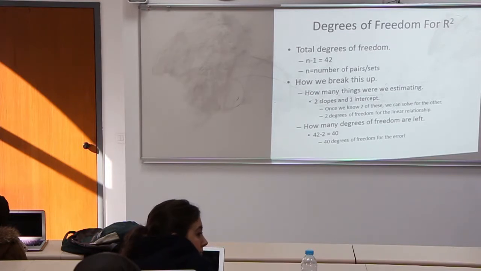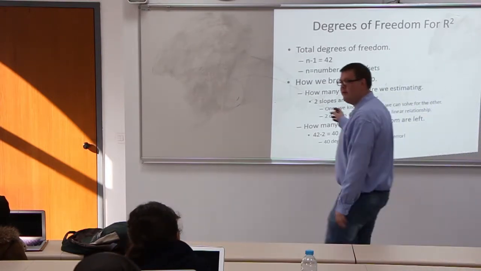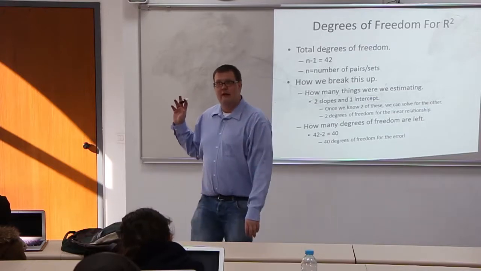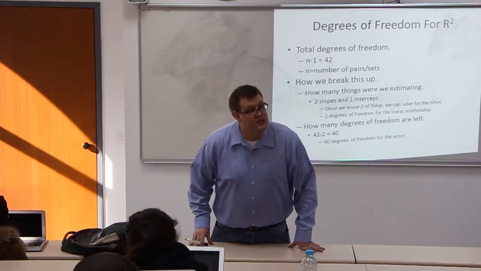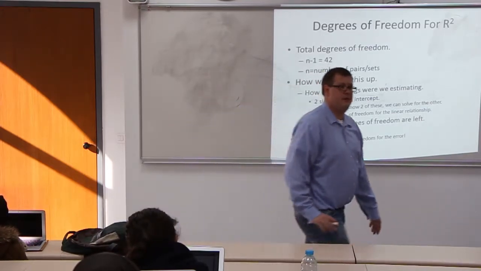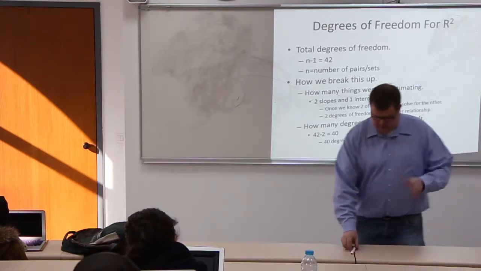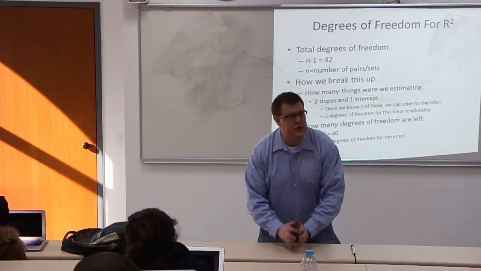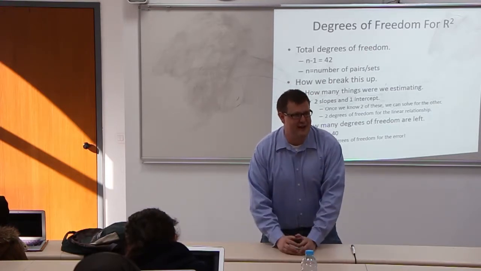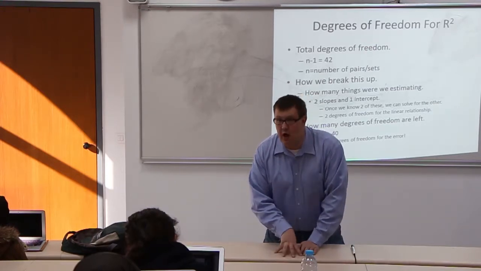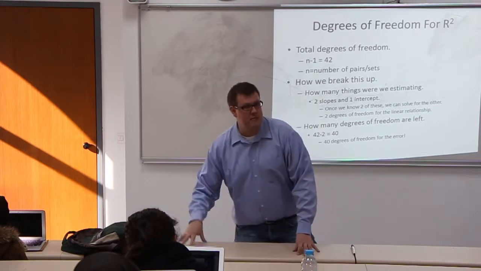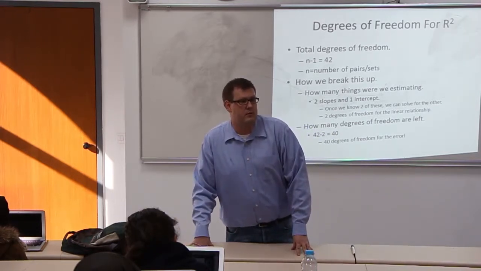If we estimate 3 or 4 slopes, how many intercepts will we have? Only one. If we had 5 independent variables, yes, we will still just have 1 intercept. Because we will subtract the mean of each independent variable times its slope from the mean of the dependent variable, right?